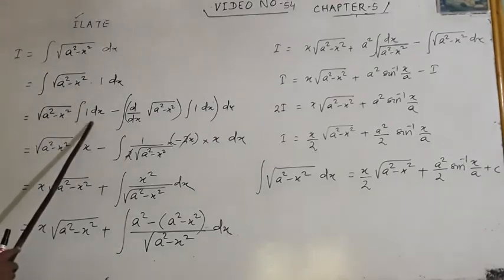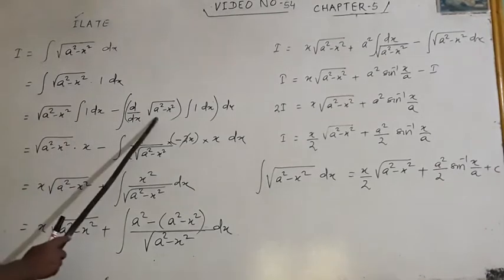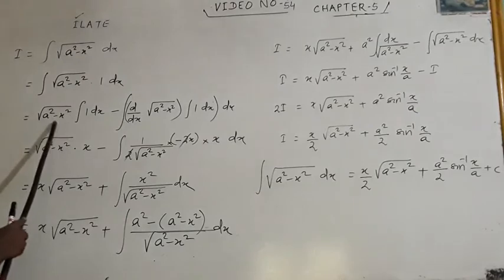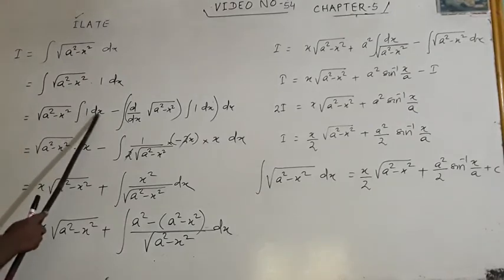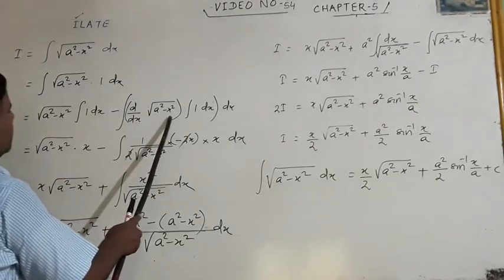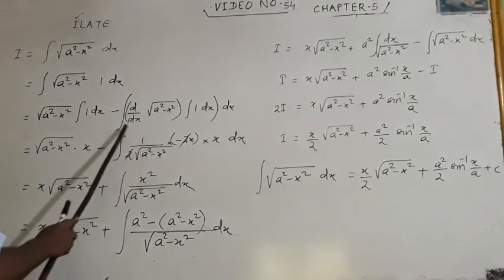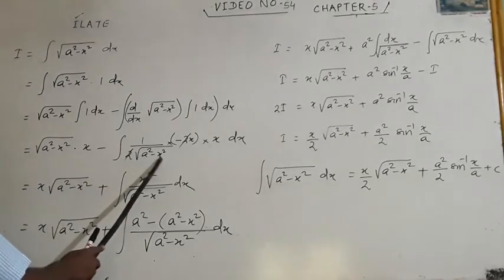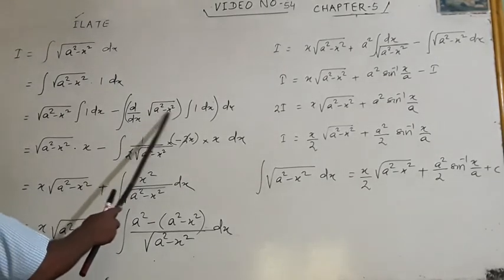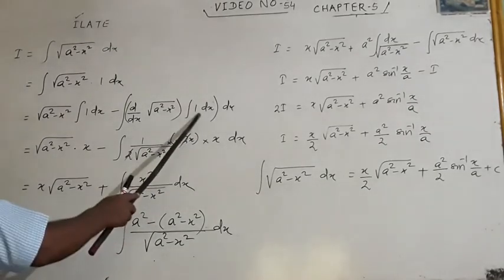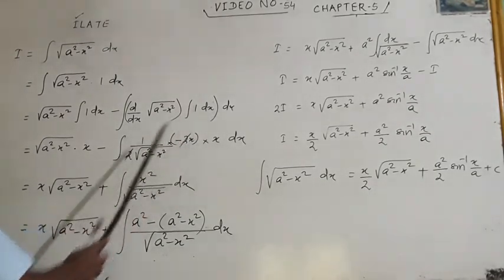The integration of 1 dx is x, and the derivative of the first function √(a²−x²) is 1/(2√(a²−x²)) into the derivative of a²−x², which is −2x, into the integration of 1, which is x, dx.